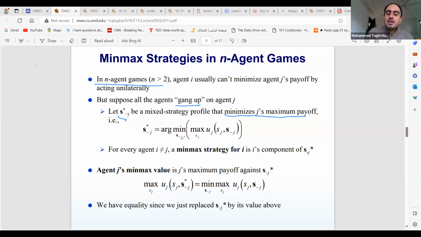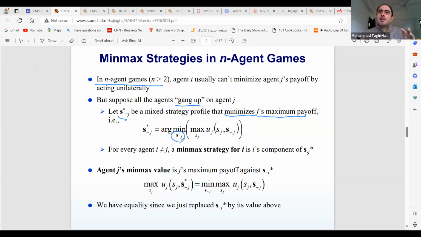This is the one played by all other players. All players except J need to gang up to find their strategy such that they will ruin the case for one particular agent.